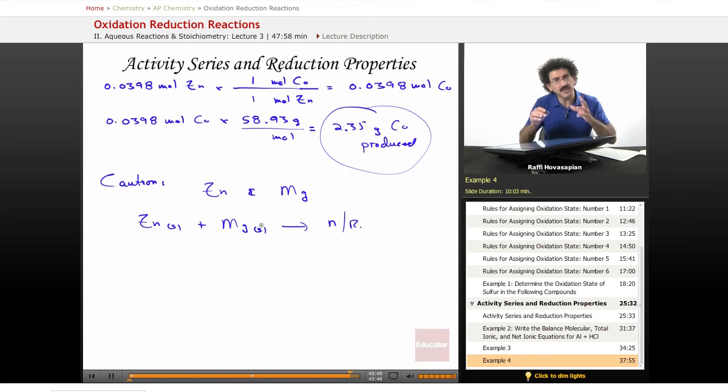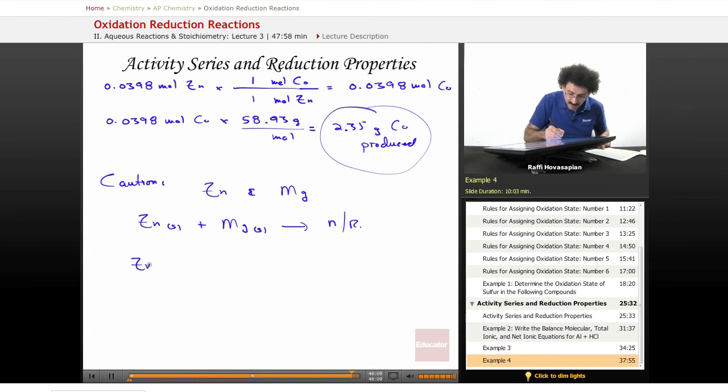So when you see oxidation reduction potentials, it depends on what species you're mixing. In this previous example, we had cobalt ion. It's missing electrons. Therefore, since zinc metal has electrons, it will take them. But here, nothing is missing, so there's going to be no reaction.